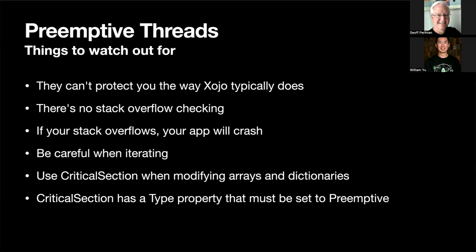They also have a type property that needs to be set to preemptive if you want to use them with preemptive threads. Just be aware of that. I find the critical section handles things really, really well, so I tend to prefer to use that. But if you find you want to use semaphore, just be aware that it too has a type property that has to be set to preemptive.